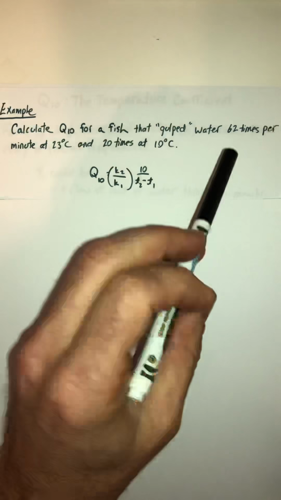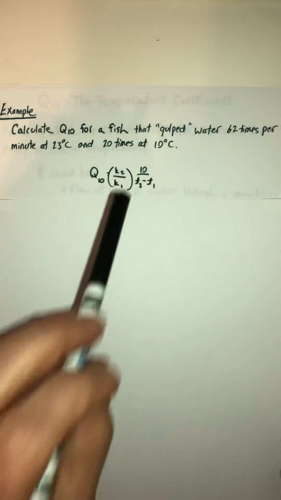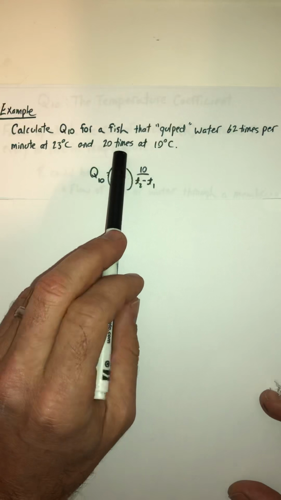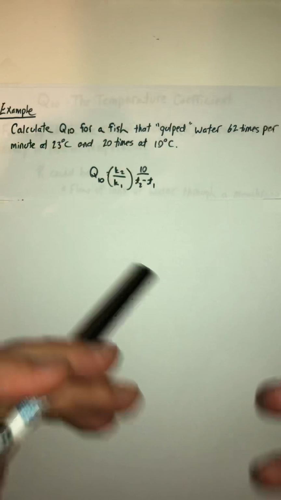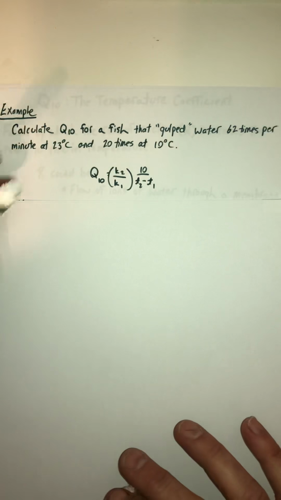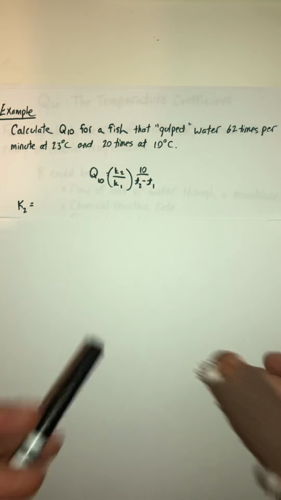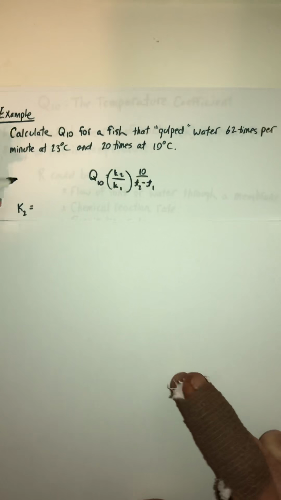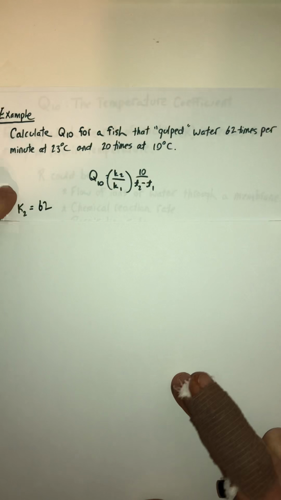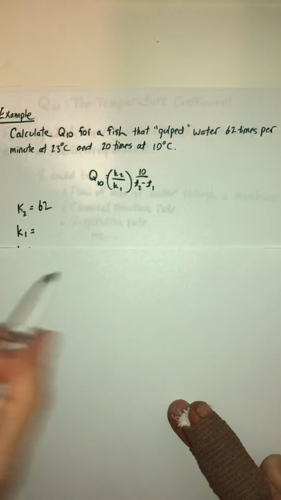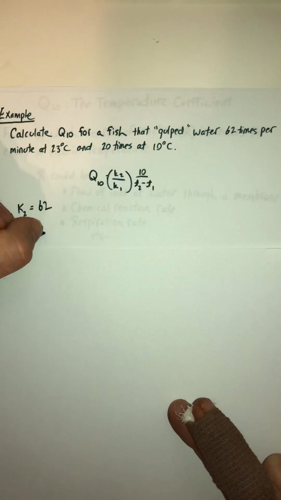Calculate Q10 for a fish that gulped water this many times at this temperature, and then we cool that temperature down and they gulped fewer times. So we're just going to plug all those values in here and solve for it. So our metabolic rate at the warmer temperature is 62. Our metabolic rate at the cooler temperature is 20.